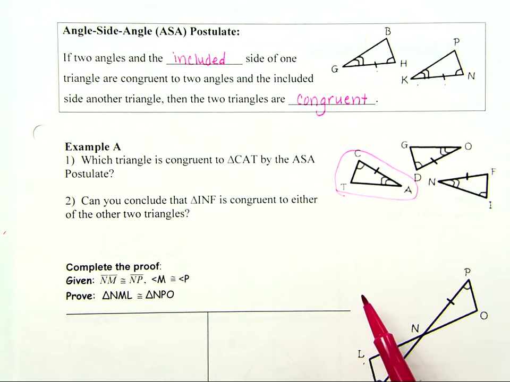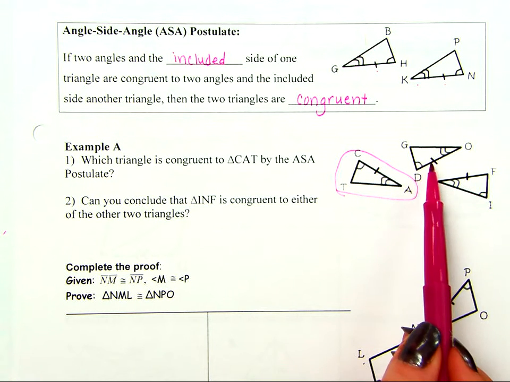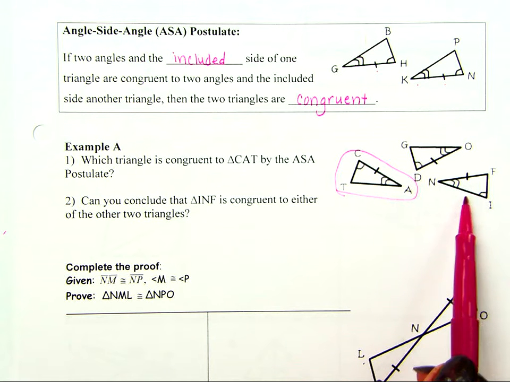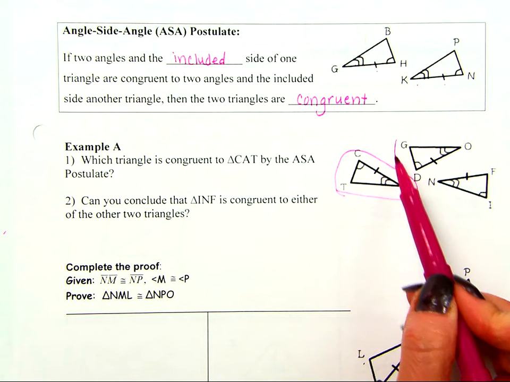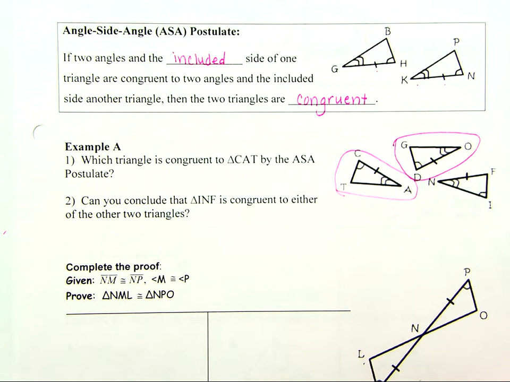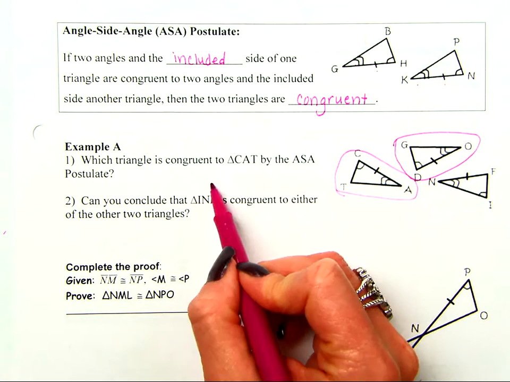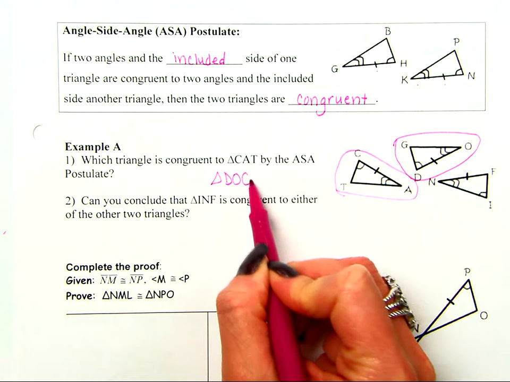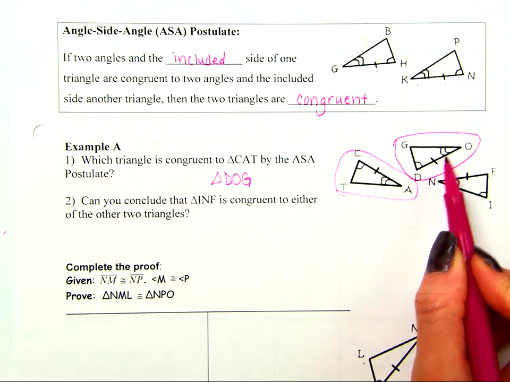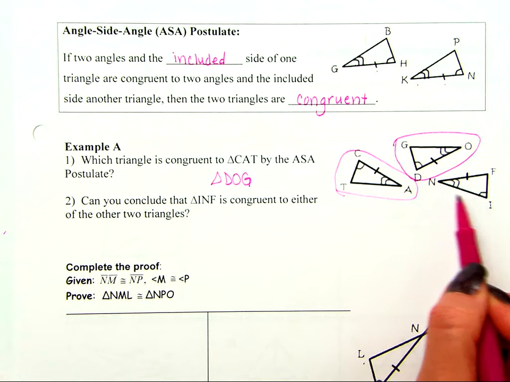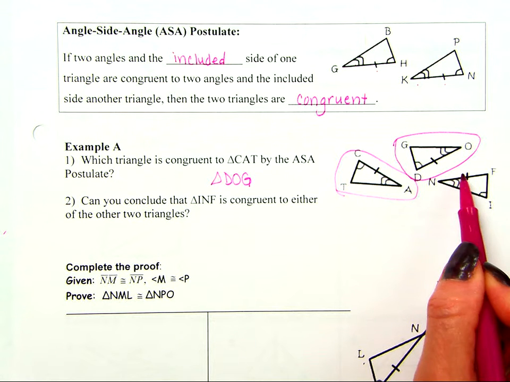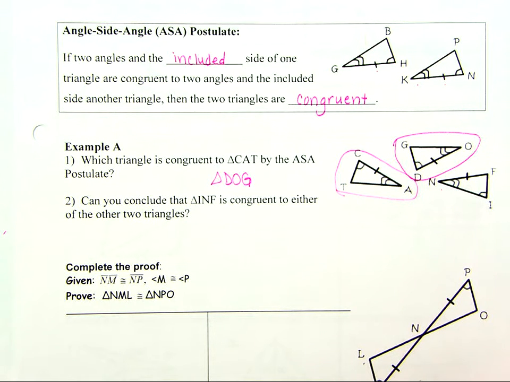Well, as I look at my two options, I'm wondering if it's triangle 1 or triangle 2. Looking for ASA, I'm going to have to say it's going to be triangle DOG. Triangle DOG is the one that shows me angle side angle with the side included. The other one actually has angle side or side angle.